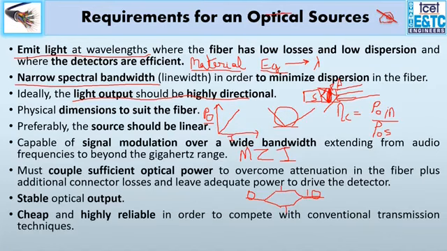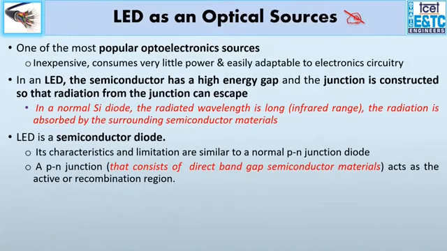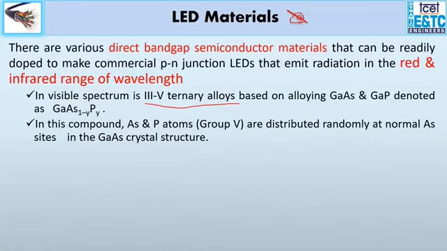It should give you a linear characteristic, that is, output power and the input electrical current should have a linear relationship. It should be able to modulate the signal, couple sufficient power, and be stable, cheap, and highly reliable. For that, the materials we used are direct and indirect semiconductors.